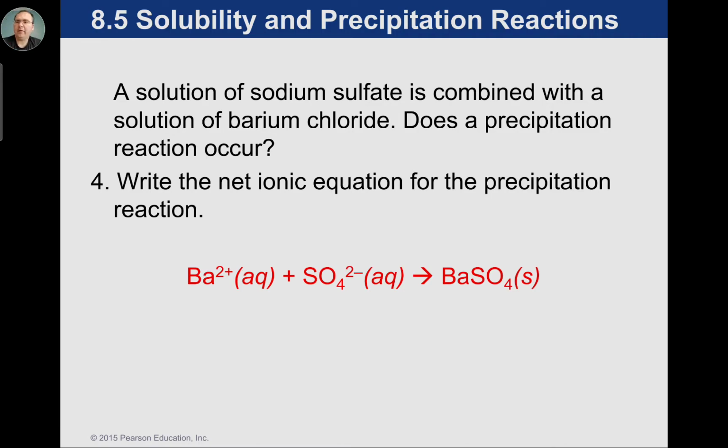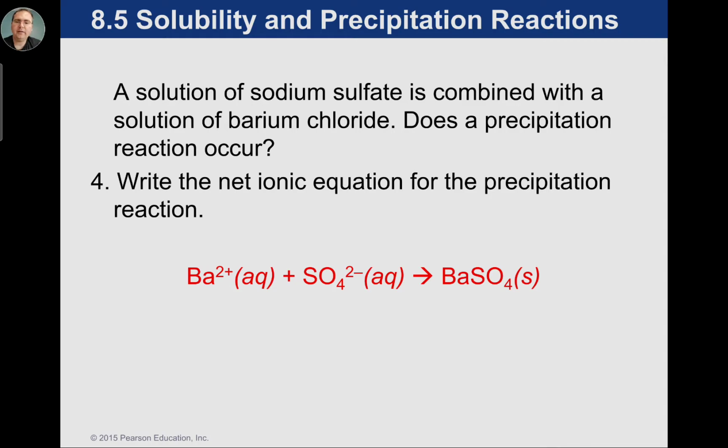So who really matters for the reaction? Who matters is definitely not sodium, because sodium just brought sulfate to this beaker party. And definitely not chloride, because chloride just brought barium to this party. But when barium was in solution because of chloride, and when sulfate was in solution because of sodium, they had the ability to meet for the first time in a long time and now make the white precipitate barium sulfate.